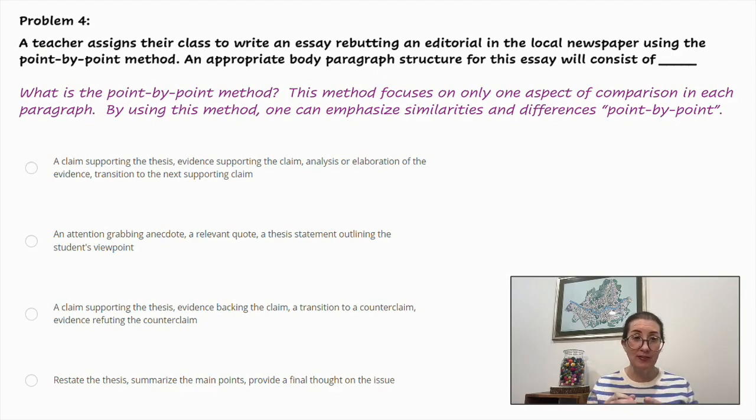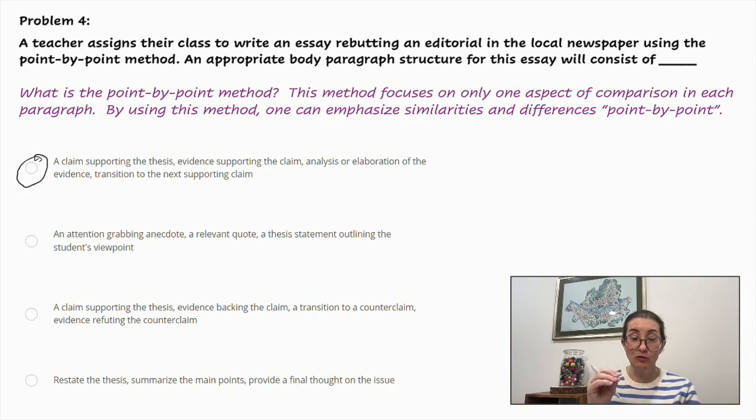So let's look at the answers. A claim supporting the thesis, evidence supporting the claim, analysis or elaboration of the evidence, and transition to the next supporting claim. This seems like a strong possibility, so I'm going to put a circle around it. Next, an attention-grabbing anecdote, a relevant quote, a thesis statement outlining the student's viewpoint.